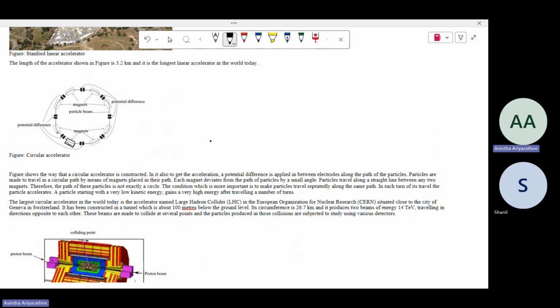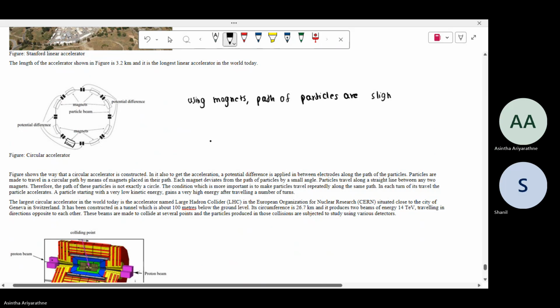Using magnets, the path of the particles is slightly deviated such that it has a circular shape.